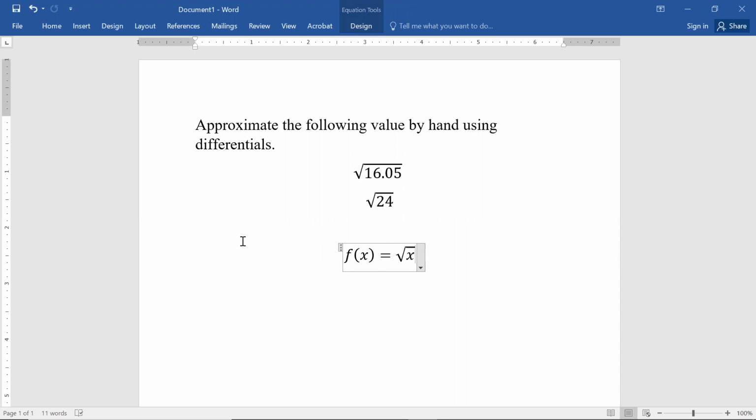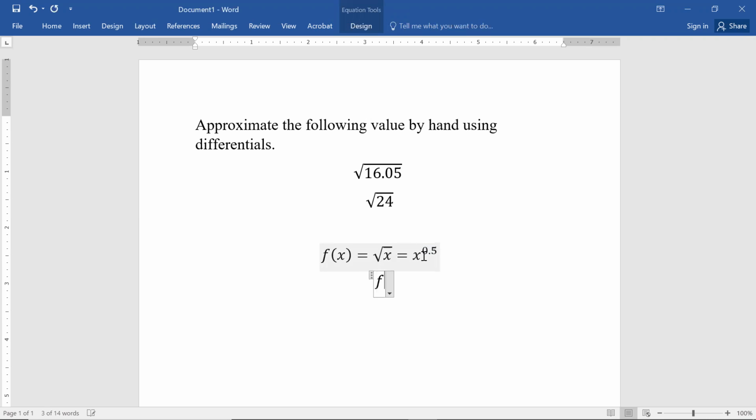Let's start out trying to approximate the square root of 16.05. The square root of x can be written as x to the 0.5.